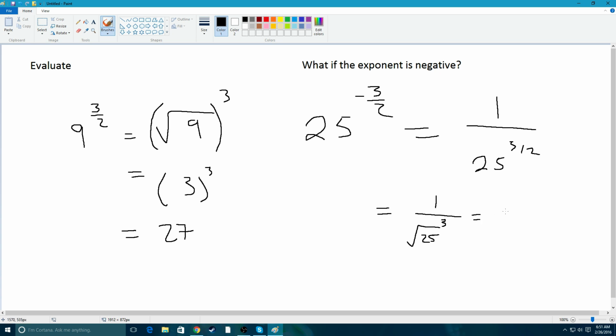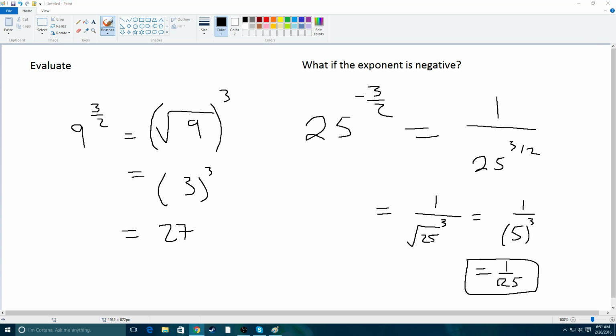The square root of 25 is just 5, so that's 1 over 5 cubed, which equals 1 over 125. Okay, it's everything from the past coming together.